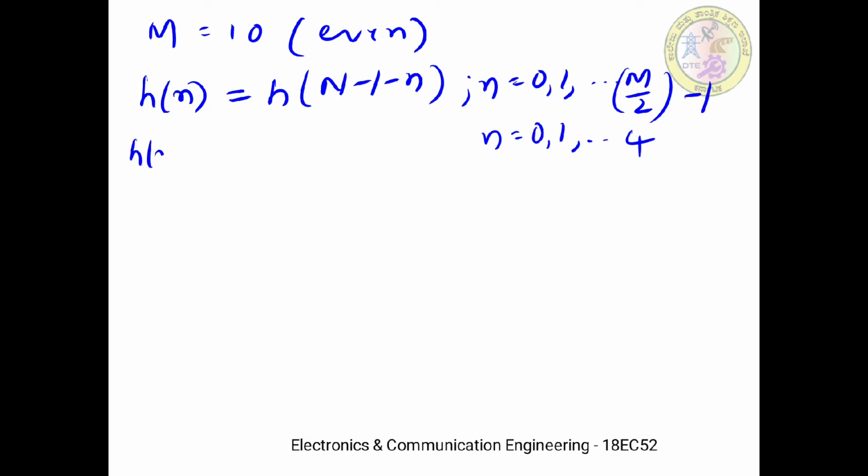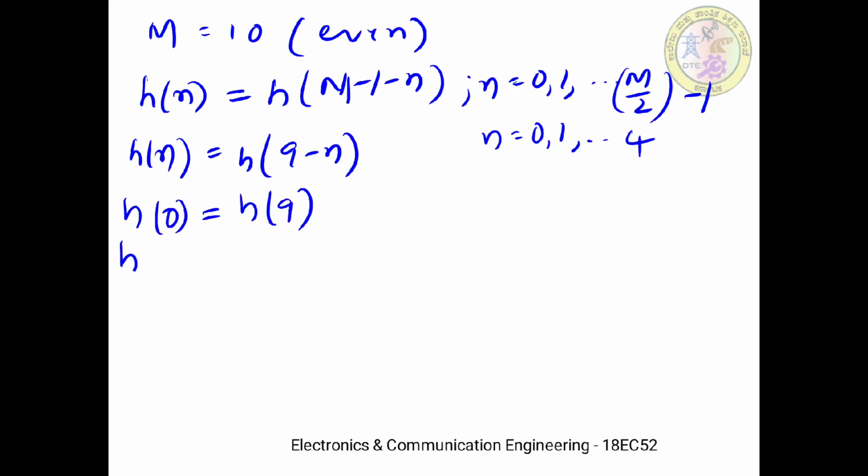So substituting, with M equal to 10, h of n is equal to h of 10 minus 1, that is 9, minus n. Now as with the previous case, I will go on substituting. h of 0 is nothing but h of 9, h of 1 is h of 9 minus 1, which is 8.